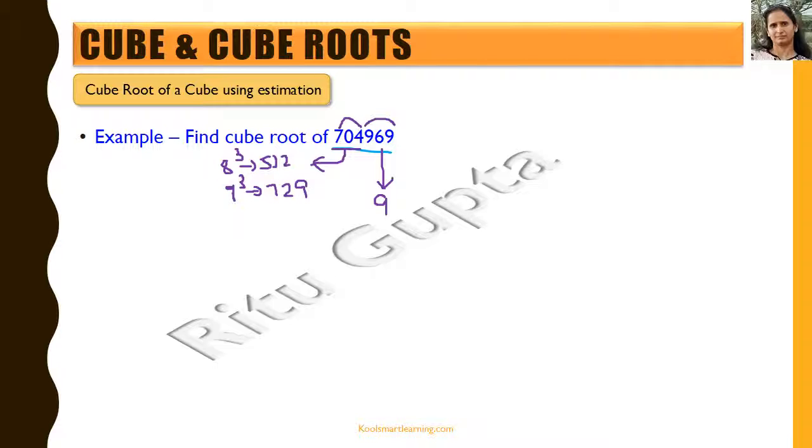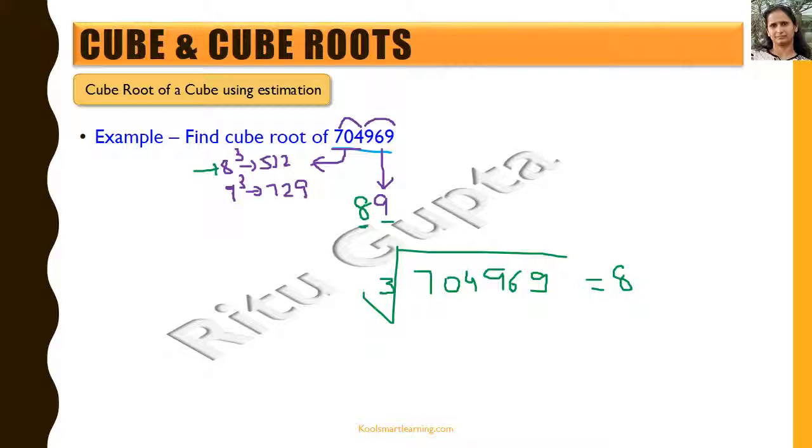So we take the lower of the two, which is 8, and place it at the tens digit of its cube root. So the cube root of 704969 is equal to 89.